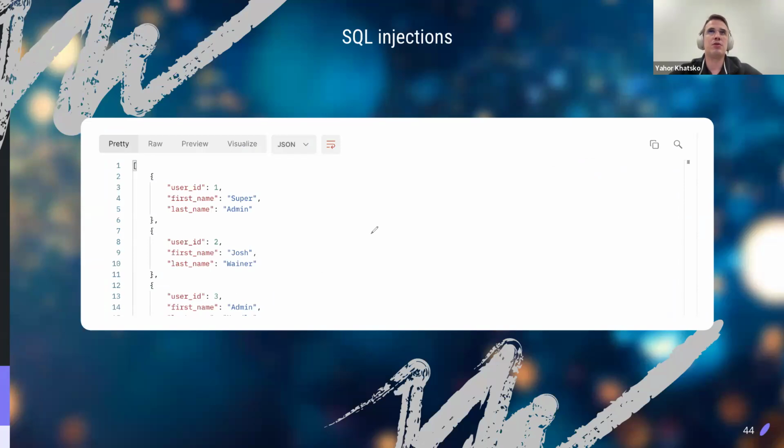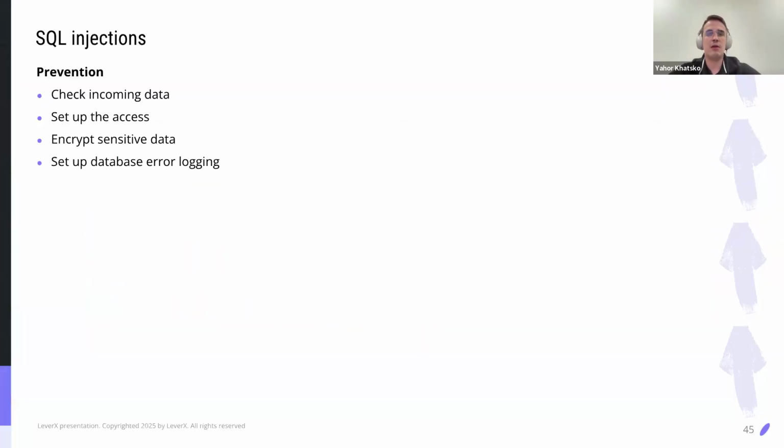And how do you prevent such things in your application? First, you should check the incoming data. The ORM is a tool with internal checks to verify that if someone provides an SQL query, it will not be inserted directly into the query but will be wrapped in some kind of brackets.